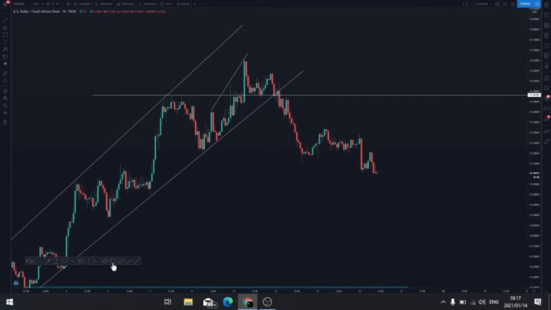So over here we had an imbalance. I want to show you how we draw an imbalance. With this imbalance, let's take it to the side a bit, and let's do this.